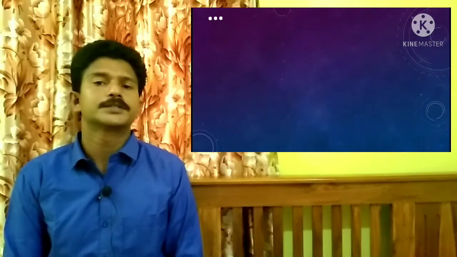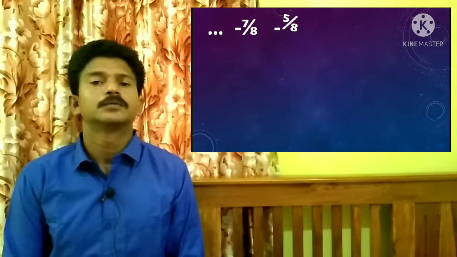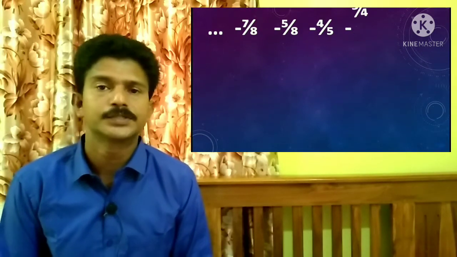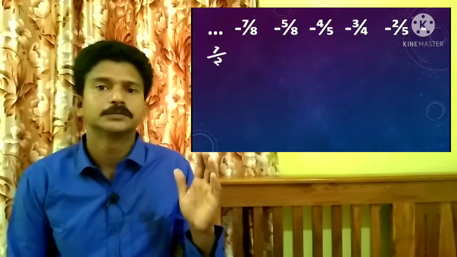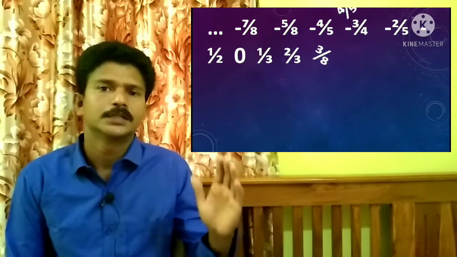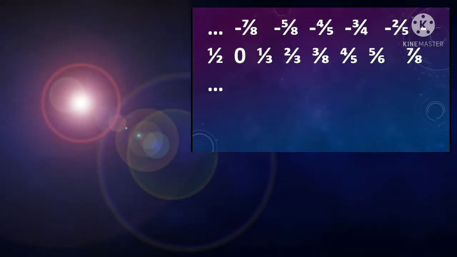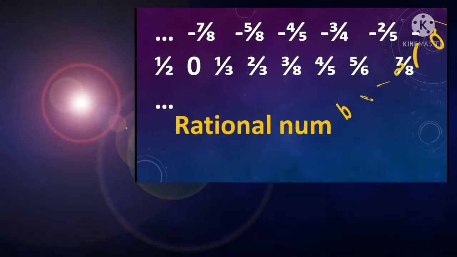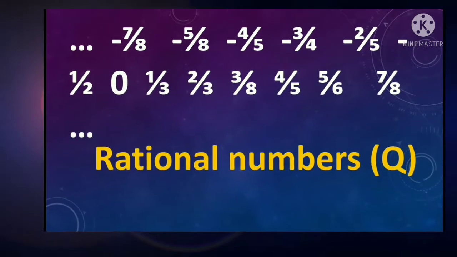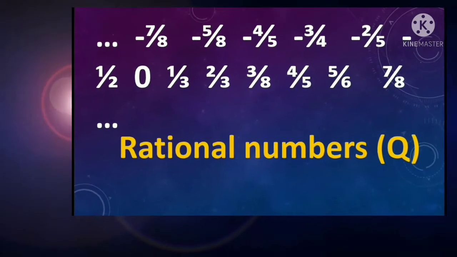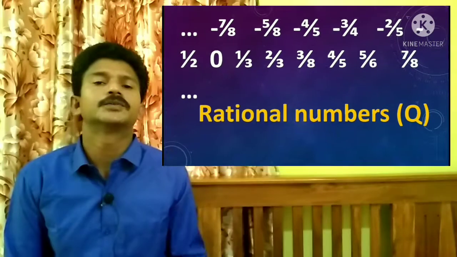The numbers which are in the p by q format, we call rational numbers. Here the numerator and the denominator, p and q, are integers. Let us take the equation 2x equal to 3.